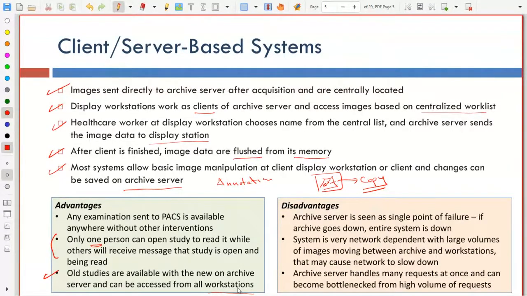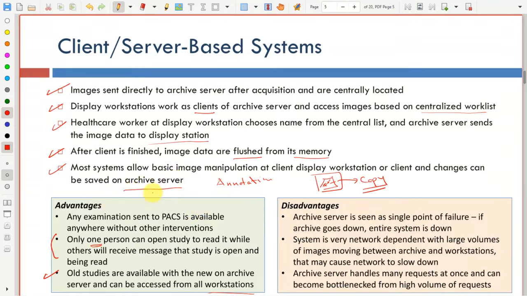So sometimes it's very important to look at studies from different time points, the old ones with the new ones, and here it's the ideal situation where the same workstation can access both from the same server. All of these are very good advantages.